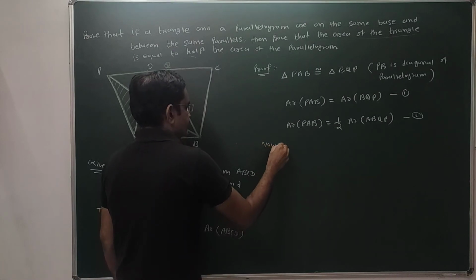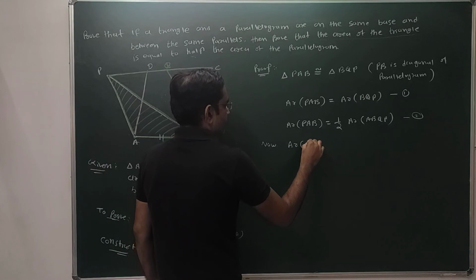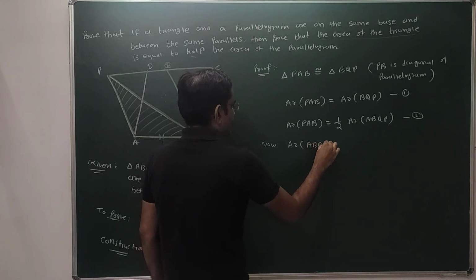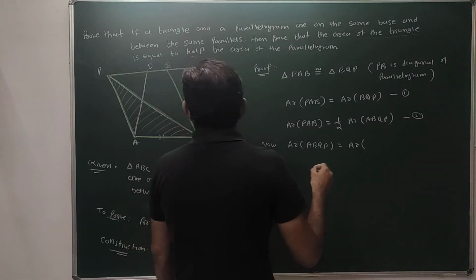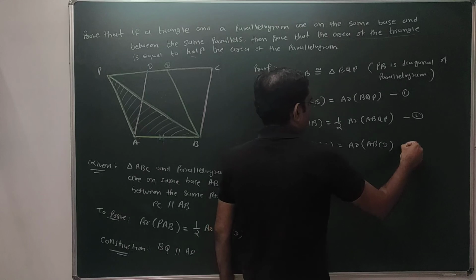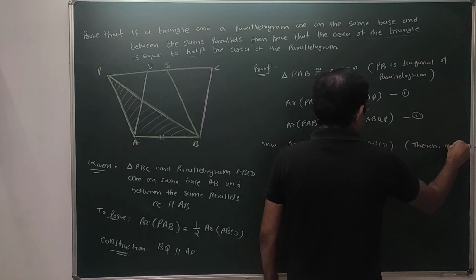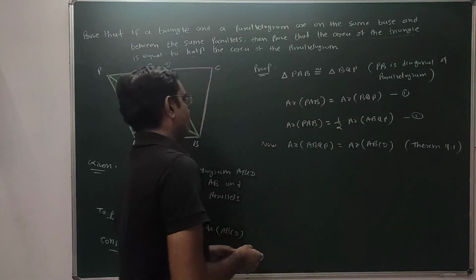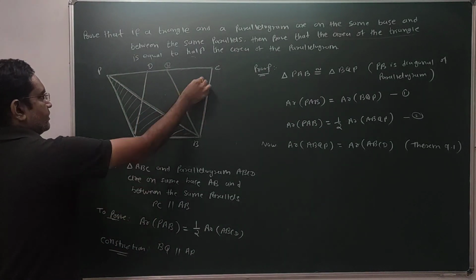Now we can say that the area of parallelogram ABQP is equal to the area of parallelogram ABCD. The areas of these two parallelograms are equal. Reason: theorem 9.1, because these are two parallelograms on the same base and between the same parallels.